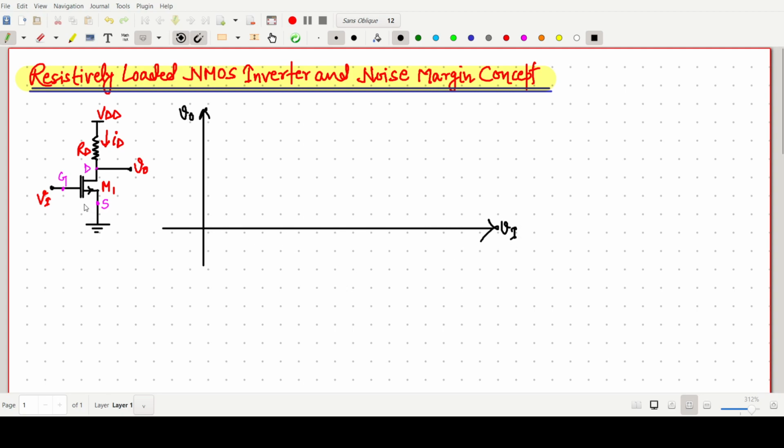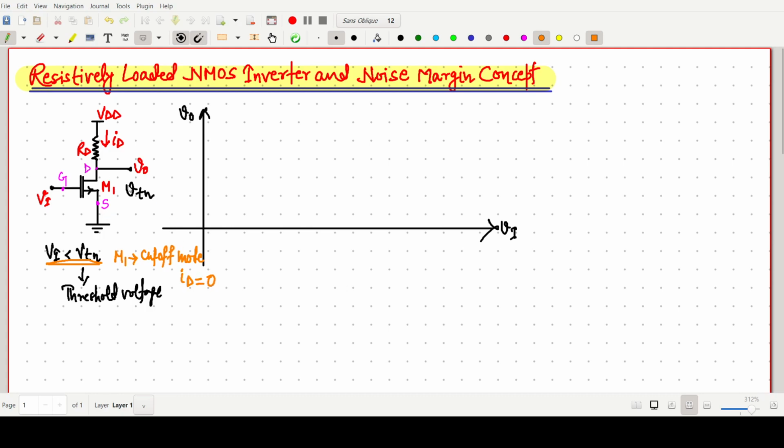If this transistor has some threshold voltage, say VTN, then when the input voltage Vi is less than VTN, where VTN is simply our threshold voltage, the transistor, that is our M1, will be in cutoff mode. So the ID current will be 0.